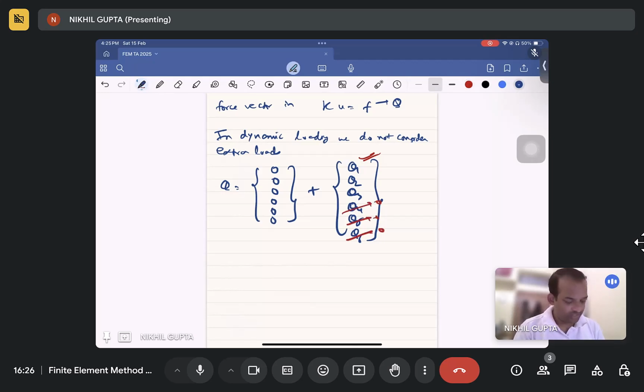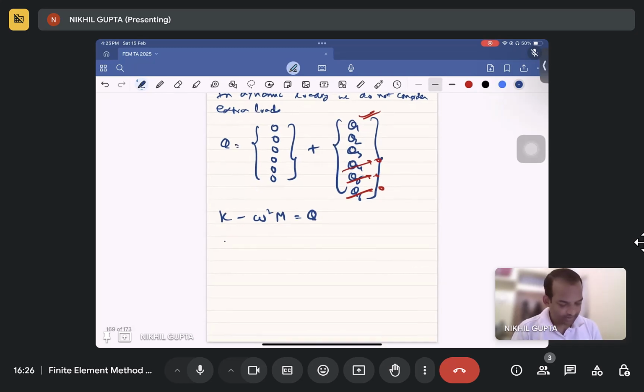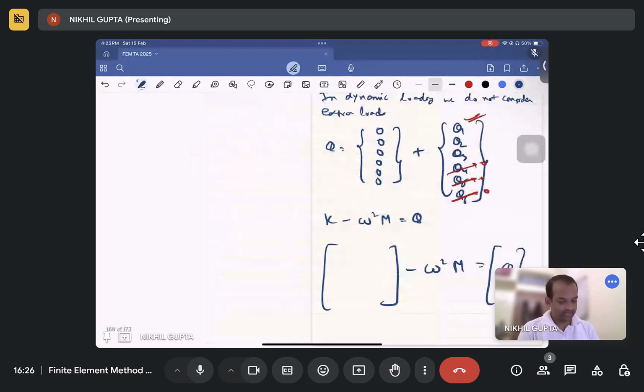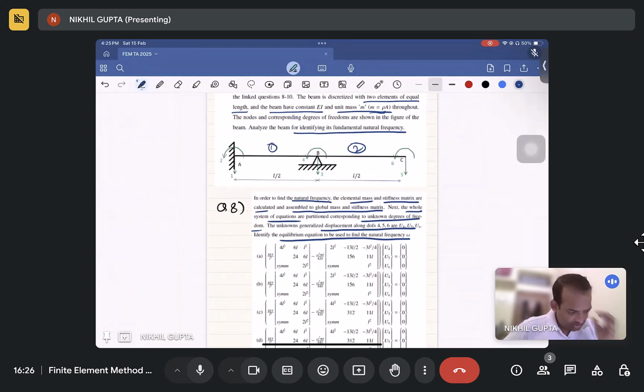So our equation will form k minus omega square m equals to q. So k we have written, we'll multiply the omega square with the m matrix, and we have written the q matrix as well. Now what they have given is u4 u5 and u6.